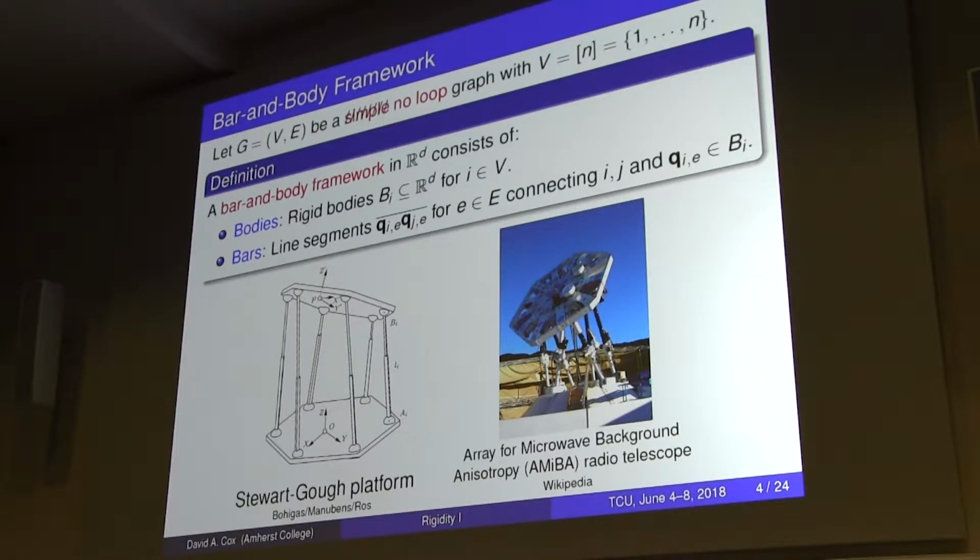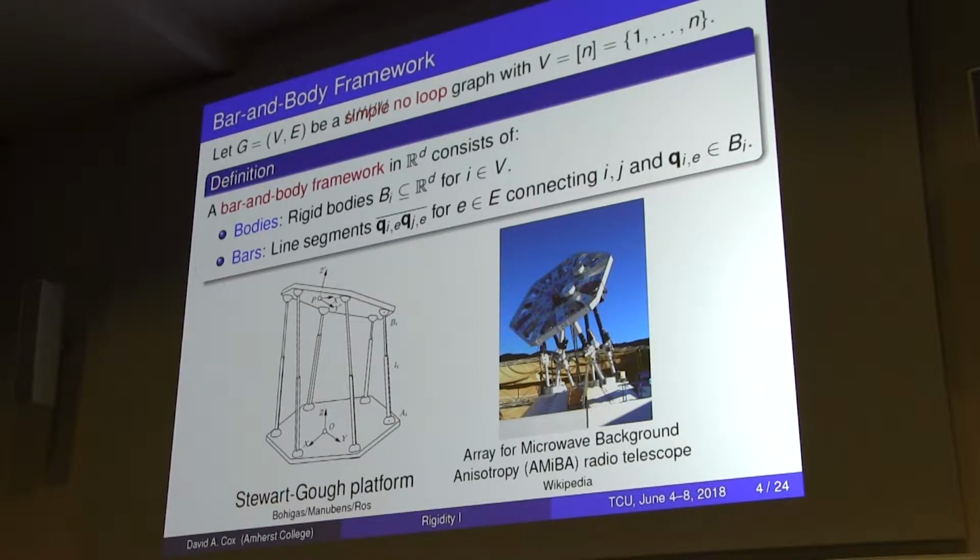And then the bars are line segments, where e has to be an edge in the graph, and i and j are the bodies I'm connecting, but the idea is that I allow different connection points. So in this case, the underlying graph has 2 vertices and 6 edges, and each edge gives me one of these bars.